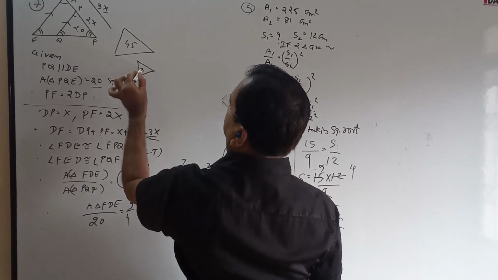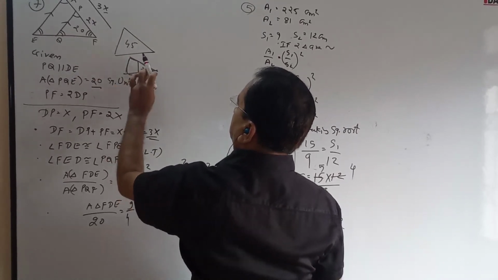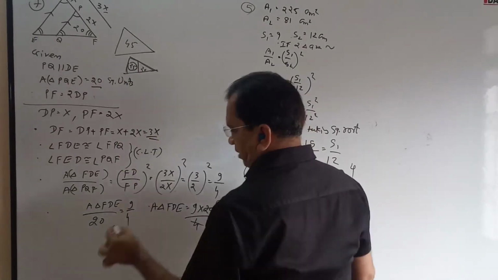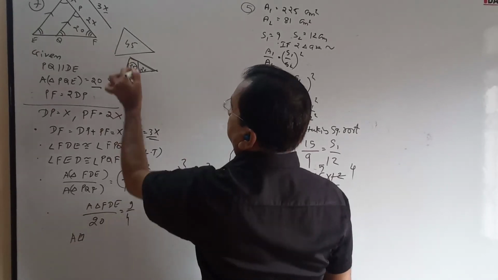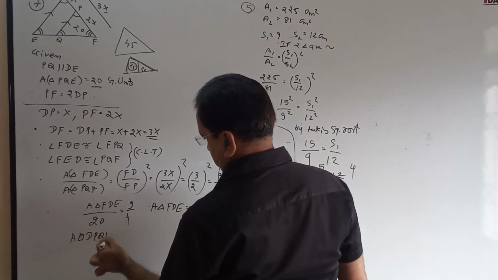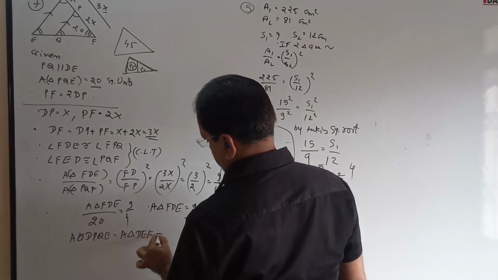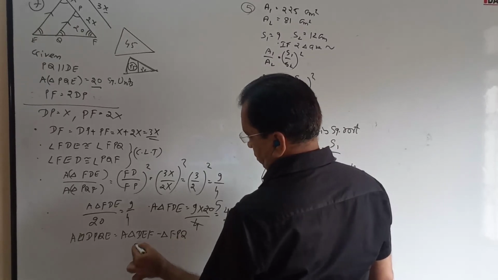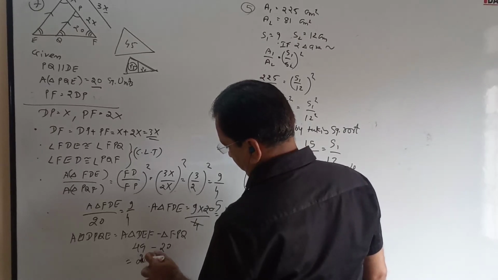Now total area is 45. The small area is 20. So from 45 we have to reduce 20 to get 25. How to write? Area of quadrilateral DPQE, this much part, is big area DEF minus small area FPQ. So this is 45 minus 20, that is 25.